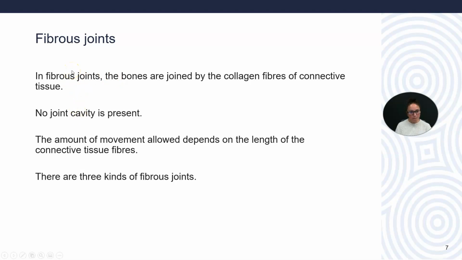Right. Fibrous joints. Between the bones, we have connective tissue. There's no hole present. There's no cavity. Now, we're going to look at three different kinds of fibrous joints.